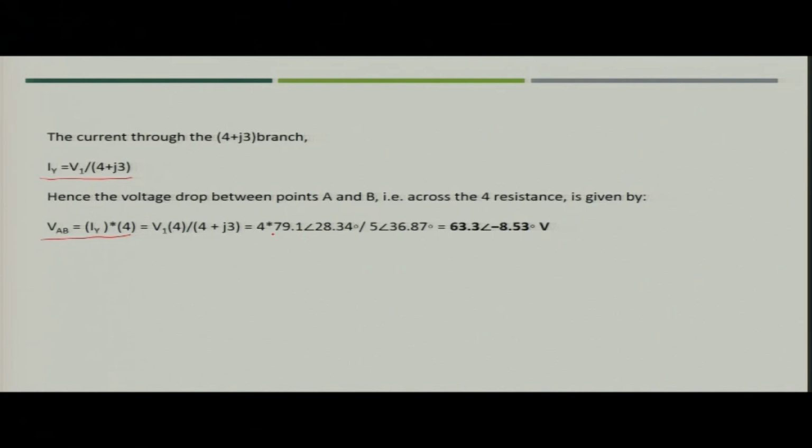V1 you have just found, that is 79.1 with angle 28.34 degree, then divided by 4 plus J3, that also you can convert into the phasor form because it is easier to calculate, and when you simplify you will get the value of VAB as 63.3 and angle is minus 8.53, because 28.34 minus 36.87 will give you minus 8.53 degree angle for the voltage at node A. So, this you can easily solve and find out the value.